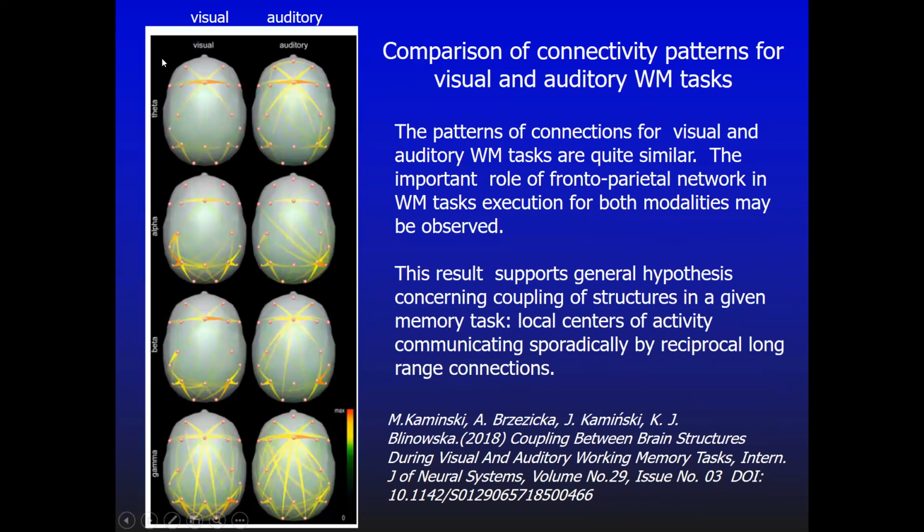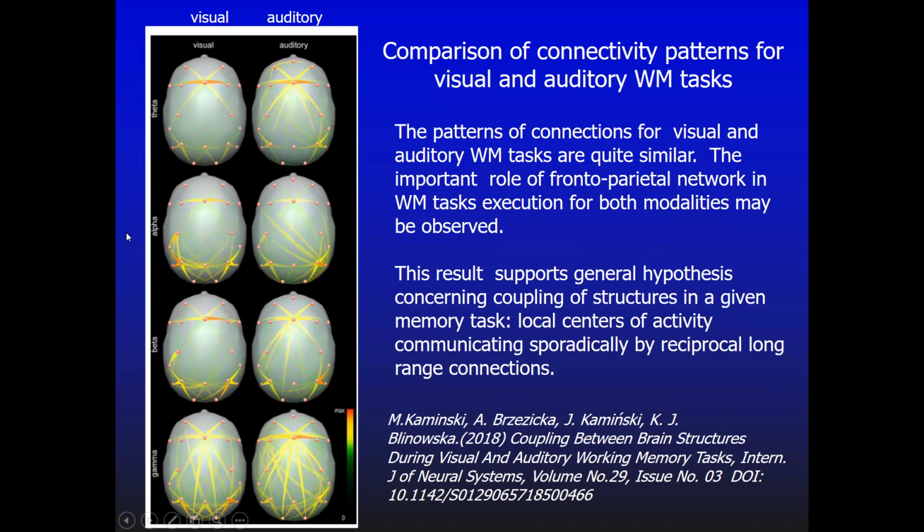And now, this working memory task can be performed using visual or auditory stimuli. And here are snapshots from the movie similar to the one I have shown before, for the visual or for the auditory task. And we can see that they are quite similar.